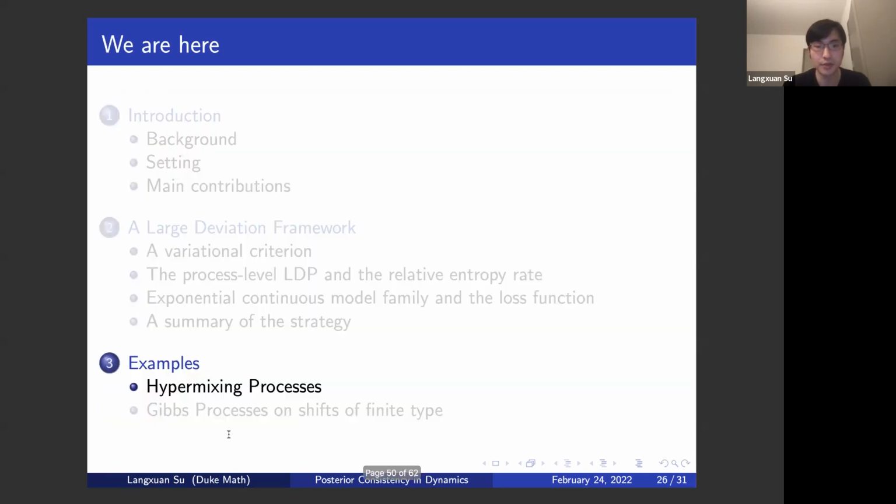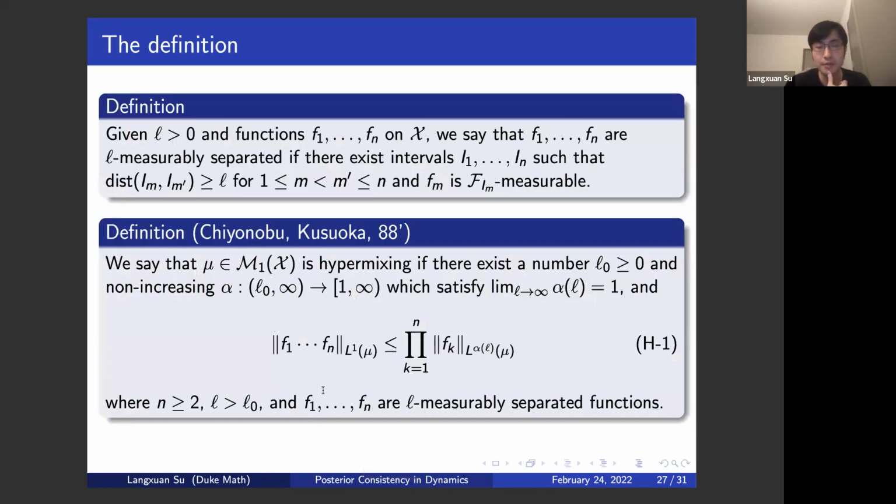So the first one is hypermixing processes. We applied this framework to prove posterior consistency when the model family consists of hypermixing processes. Here's the hypermixing process, which is defined here. Why do we pick this kind of process?